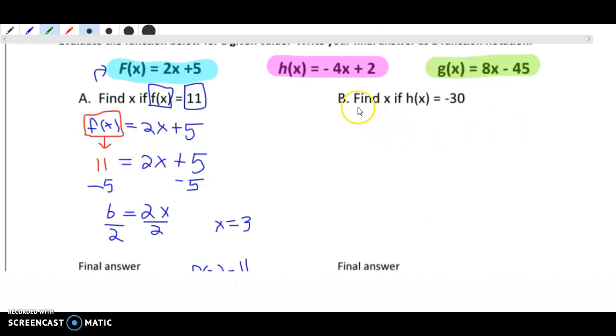Let's do example B. We're asked to find x, the input, if h of x, the output, is equal to negative 30. So we're going to replace h of x with negative 30. So let's start with this equation over here. My function.